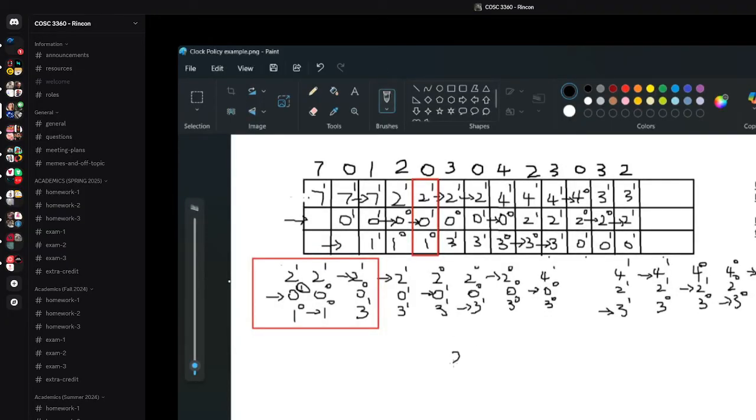Let's say you have 2, 0, 1, 1, 3, 0, something like this, and let's say the pointer is right here. It doesn't matter where the pointer is. If we're trying to replace 2, all we have to do is enable this use bit to 1, and then keep the pointer. It does not matter where the pointer is. Does that clarify for you?